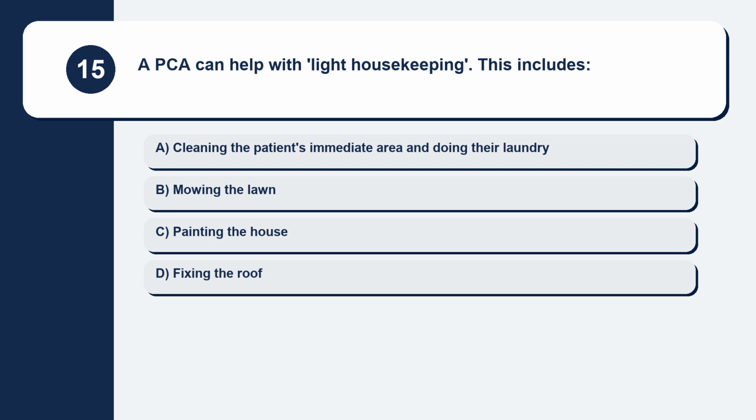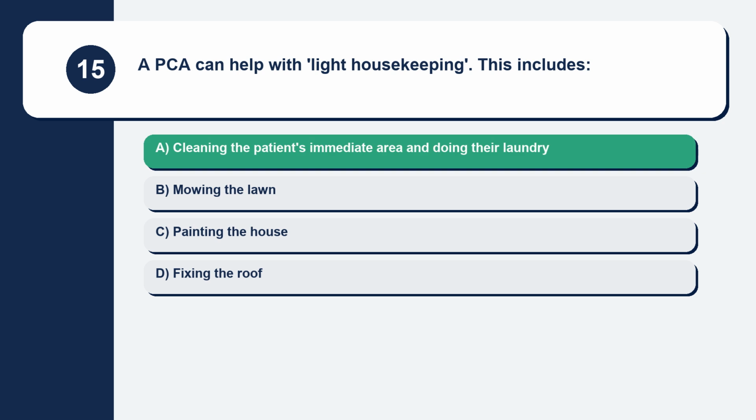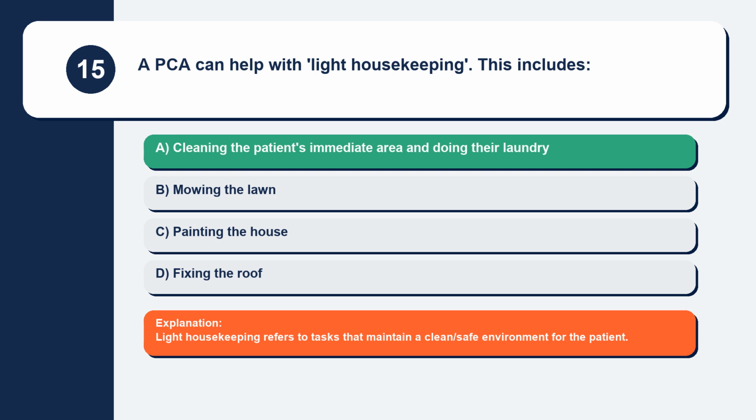A PCA can help with light housekeeping. This includes cleaning the patient's immediate area and doing their laundry, mowing the lawn, painting the house, or fixing the roof. Light housekeeping refers to tasks that maintain a clean and safe environment for the patient.